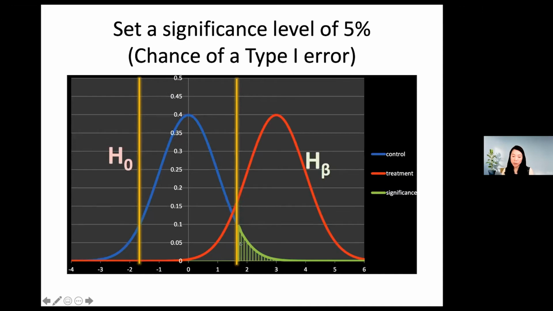Remember the significance level at 5% means the treatment average needs to fall into this green tail area, then we can conclude that it's significant.